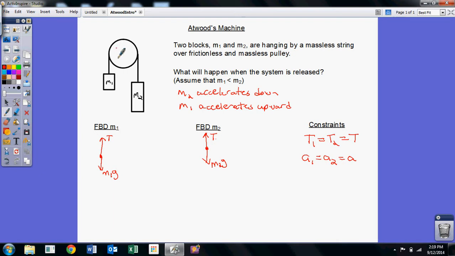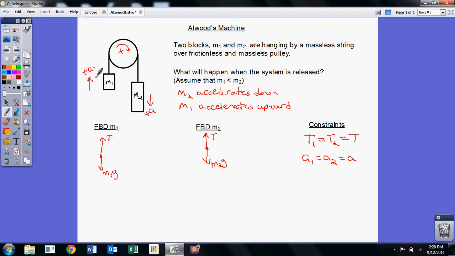I know that this pulley is going to rotate that way, and I'm going to let that define positive. So for M2, positive acceleration would move the pulley clockwise, so positive A is downward. And for M1, positive acceleration will be upward. That's going to help us set these equations up properly, and it's not something you necessarily would think of yourself.